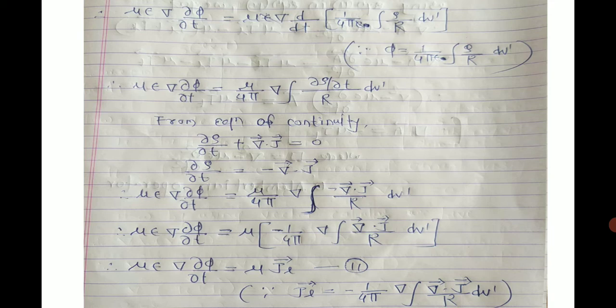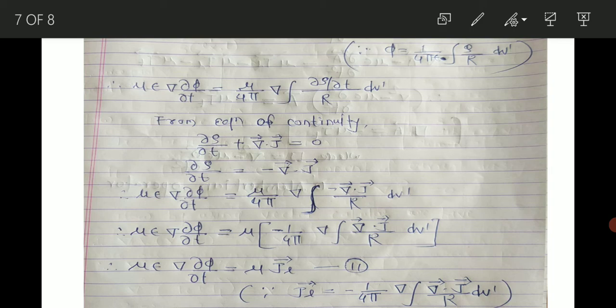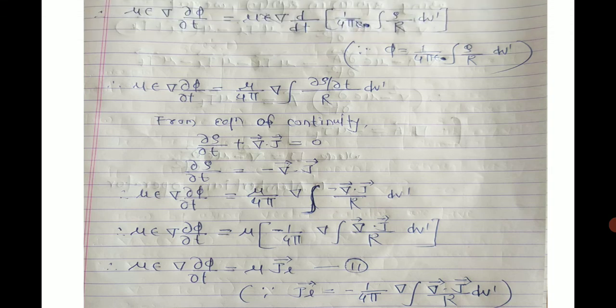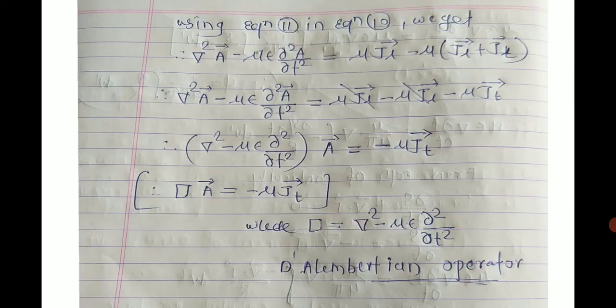But this total bracket is known as the longitudinal component of current density, J_L = −1/(4π) ∇ ∫ (∇·J)/r dV'. Then the equation becomes με ∇(∂φ/∂t) = μ, and this bracket is replaced by J_L. That is equation number 11: με ∇(∂φ/∂t) = μJ_L.